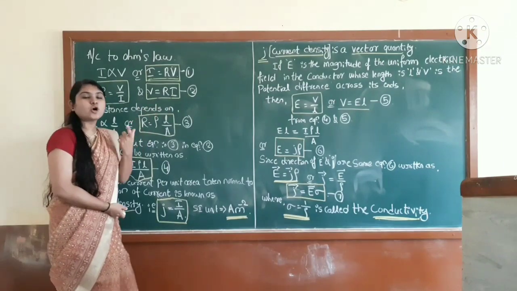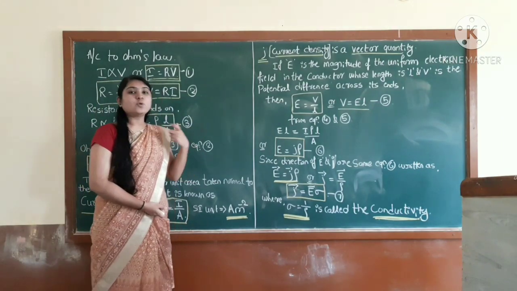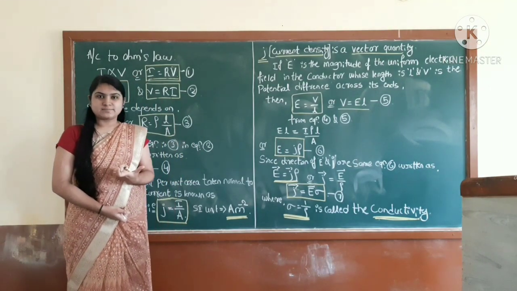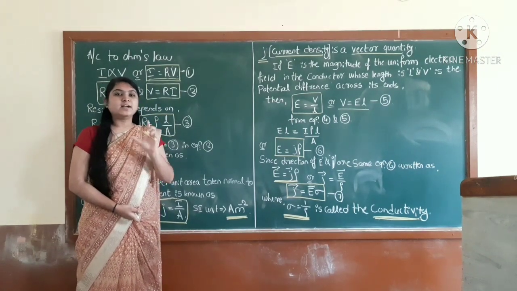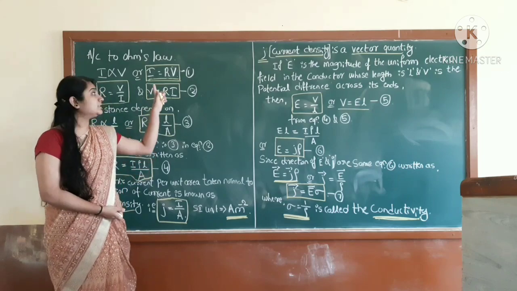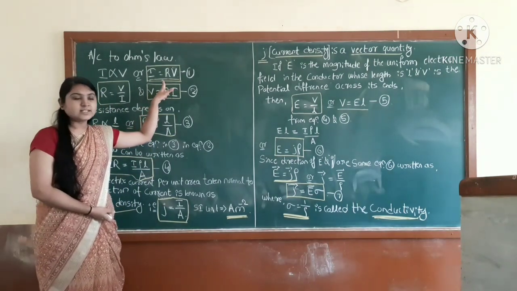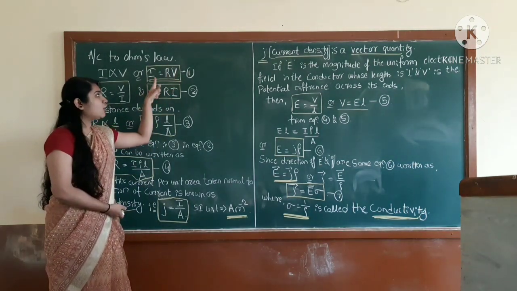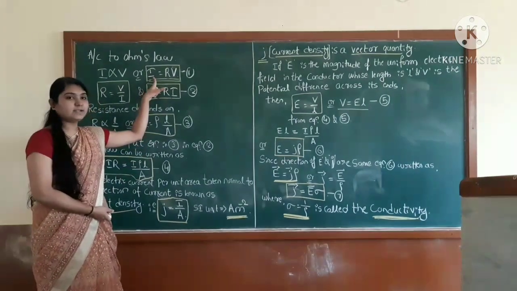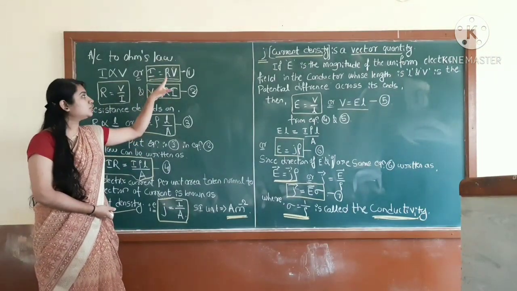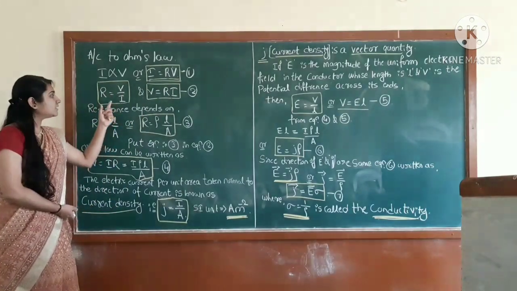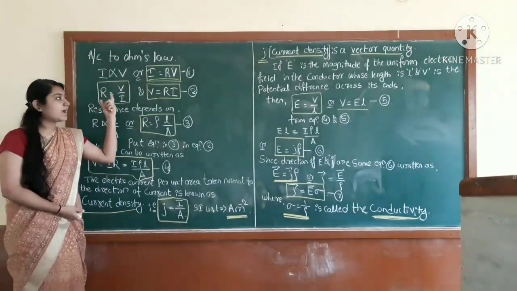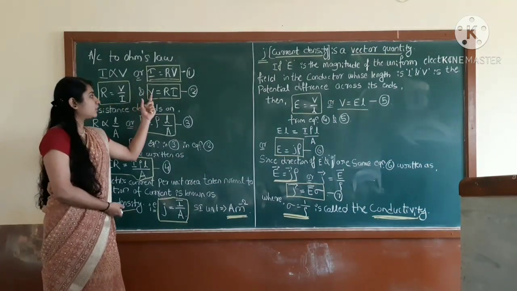Yes, see, while solving problems like this you have to make conversions of the one formula, right? Just understand here one basic formula, that is Ohm's law. By using this law we can calculate the current also, right? So I convert in terms of the resistance. By using this I can calculate the resistance, and by using this formula I can calculate the potential difference.